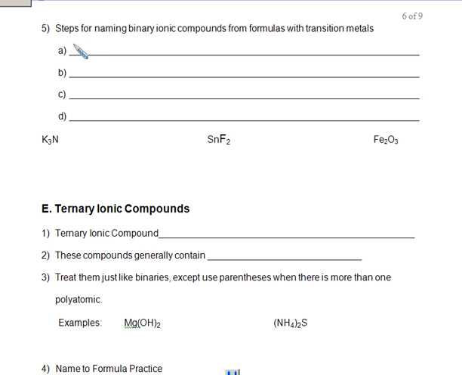First, we're going to break down the formula into element names.